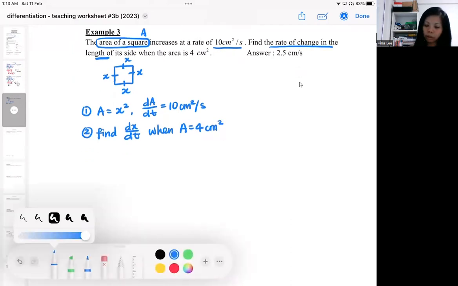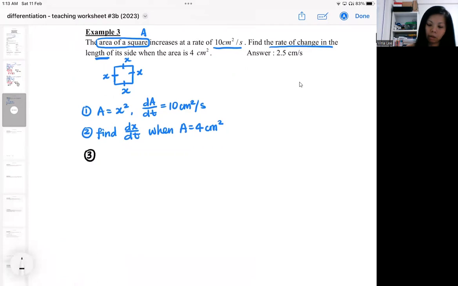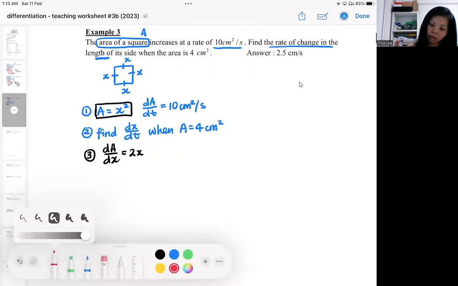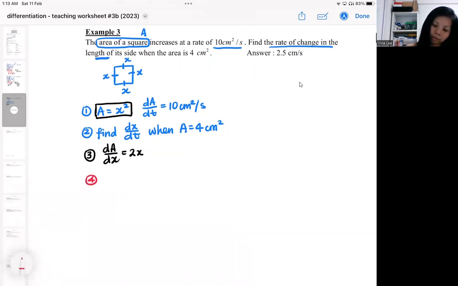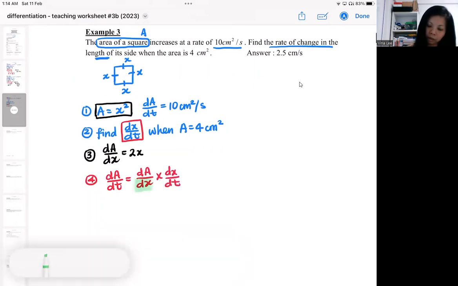So I'm still following strictly the 5 steps. With the chosen formula, you do dA/dx. And then in step 4, you need a formula. So you can do a generic formula, dA/dt. You can see that this part is being cancelled.